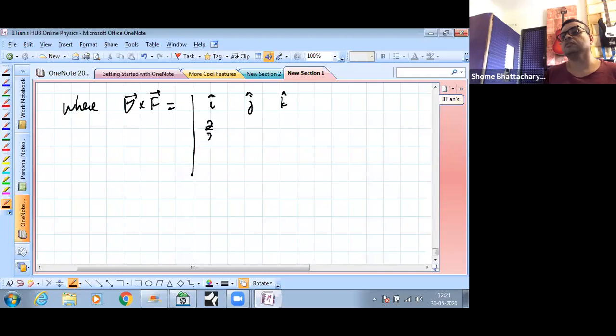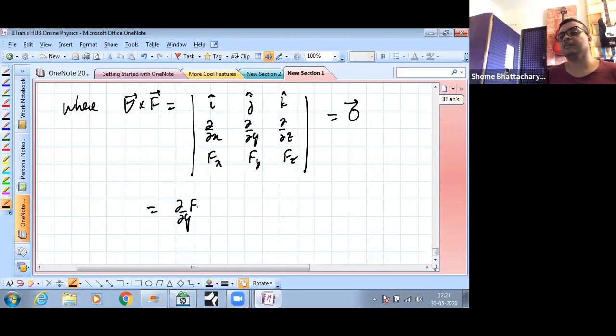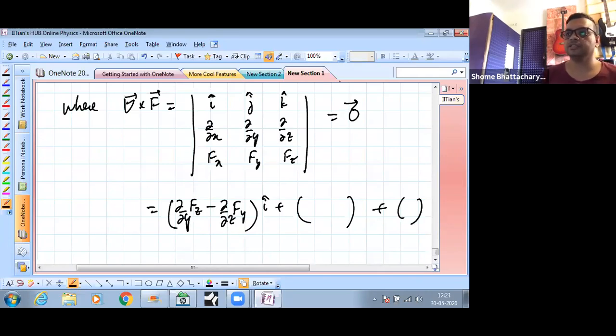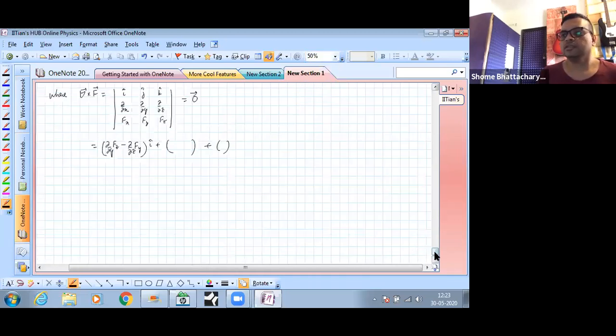The first term, this whole thing should be a null vector. So each of the components will give you each of those three equations. You will see del by del y of fz minus del by del z of fy I cap, and similar term, similar term. So this will give you the 3 equations when that is equal to 0. Okay. So I'm just minimizing this so you have a look at this and understand this completely.